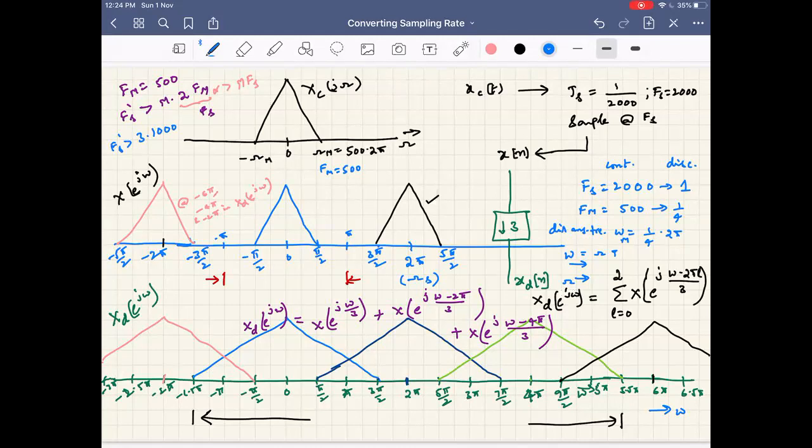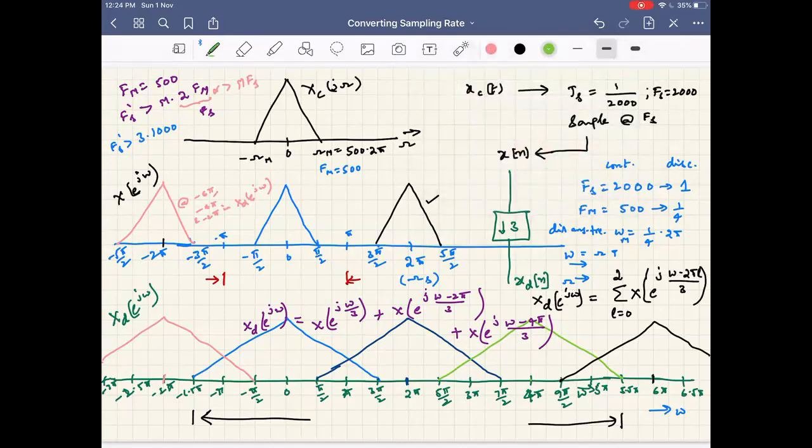So if we want to avoid aliasing, what should we do? That is the next question. There is aliasing that we anticipated and it has happened. Now we assume that we want to avoid aliasing. What should we do?